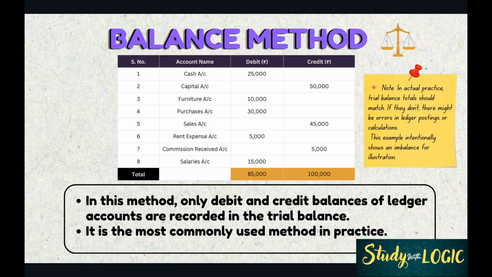Next, in case the total of the debit side of an account is more than the total of the credit side, then that balance is called a debit balance and it appears on the debit column of the trial balance. Similarly, in case the credit side of an account is more than its debit side, it appears on the credit side of the trial balance and is known as credit balance. In trial balance, the total of debit and credit should be equal, as we all know.